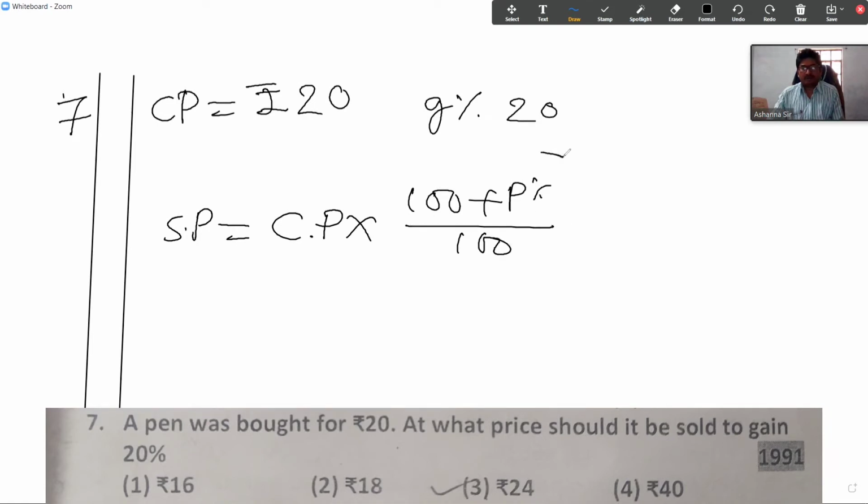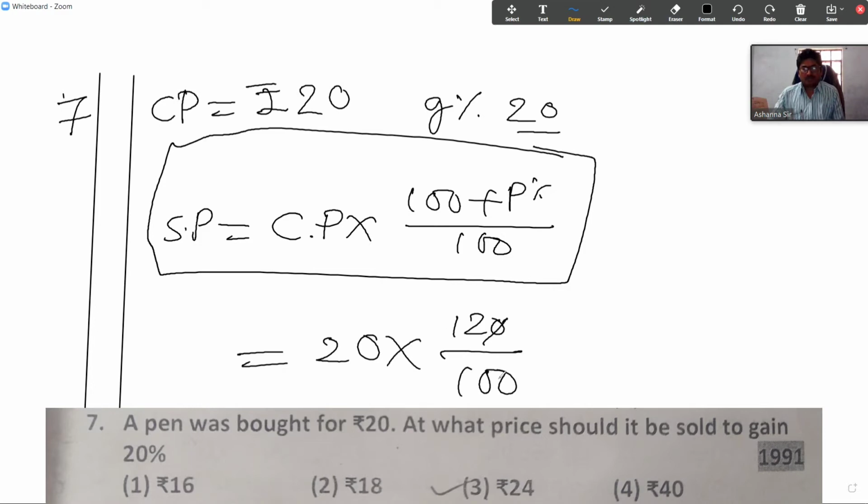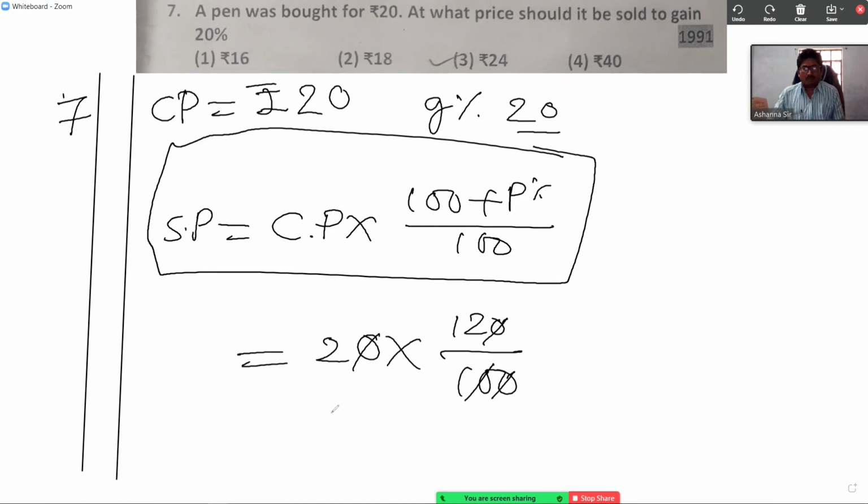This is the formula. So cost price 20 rupees, 100 plus 20, 120 by 100. 10 10, again 10 10, 12 twos are 24 rupees. 24 rupees is the selling price. This is the answer. Option 3.